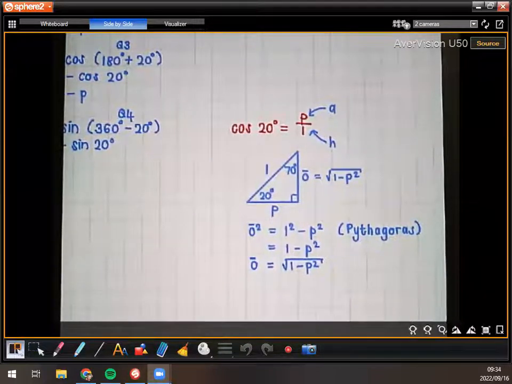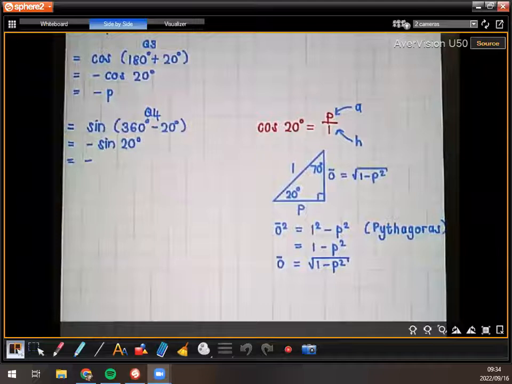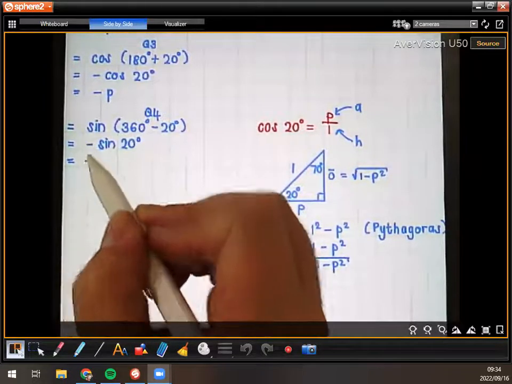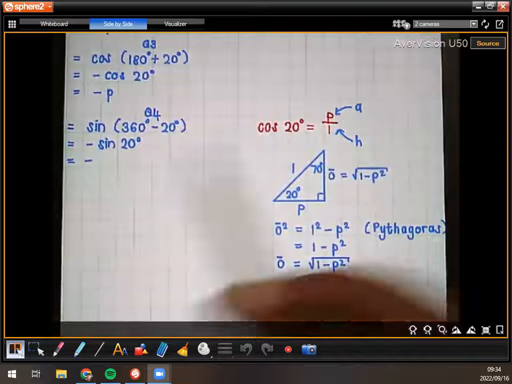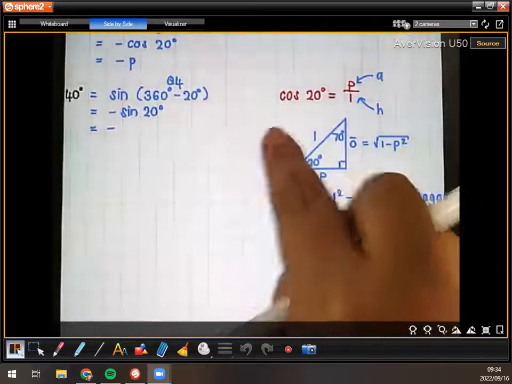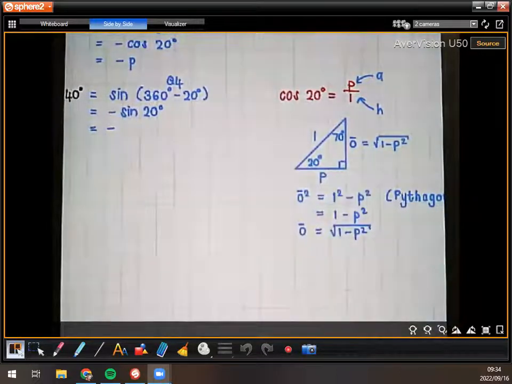Now we can finally use our triangle to get what sine of 20 degrees is. So we have negative, because it was negative sine 20, so please remember to take that negative off that box. Sine is opposite over hypotenuse. So that side that we just calculated over 1. Do we have to write it over 1?